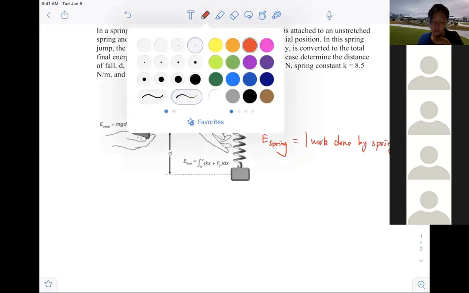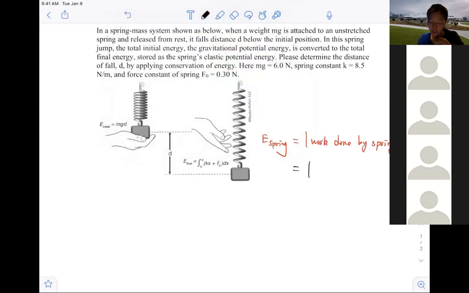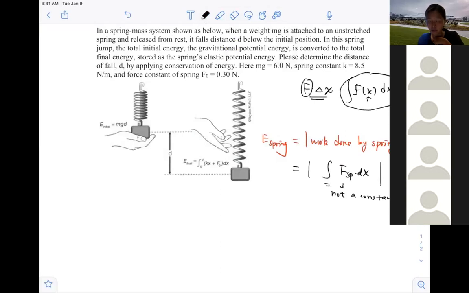In this case, the work done by the spring is the spring force times the displacement. I'm using the integral definition because my force is no longer a constant. I cannot simply say force times total displacement, because this force depends on your position. So you need to use the integration method to calculate your work.